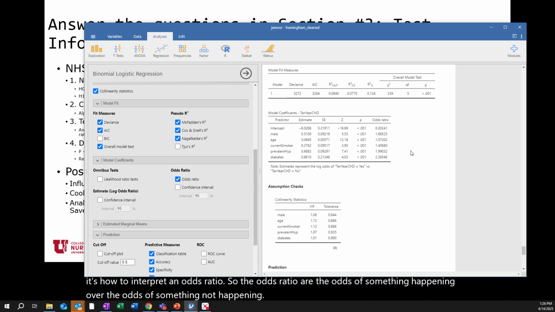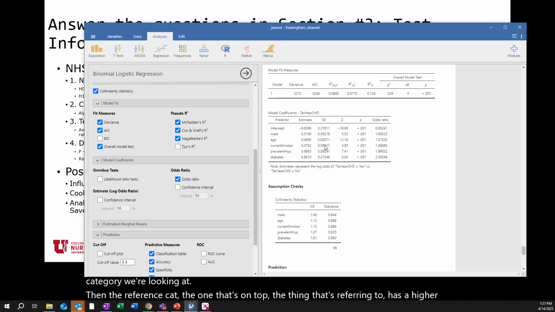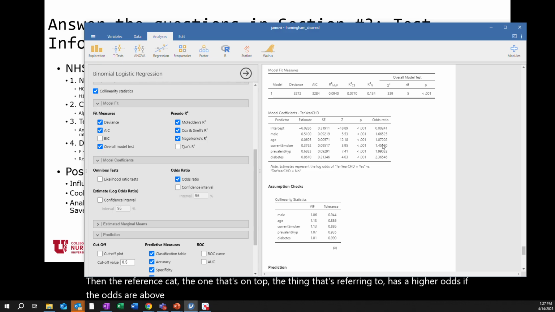So with these categorical things where 0 is the reference category and then 1 is the category we're looking at, the one that's being referred to has higher odds if the odds ratio is above 1, meaning higher odds of having that thing happen for those individuals.